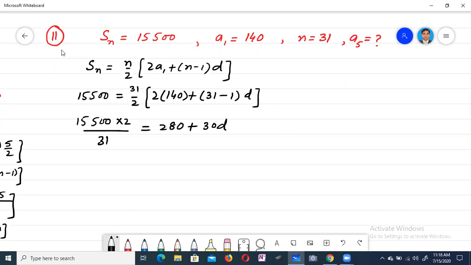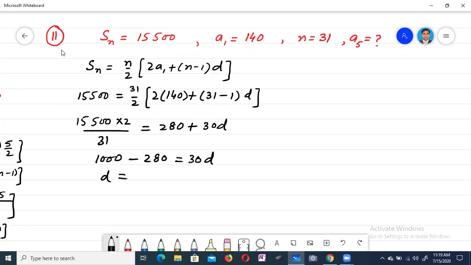Then after that, we will simplify this one. Here this complete is coming 15,500 divided by 31 will give us 1,000. This 280 other side is minus 280 is equal to 30d.